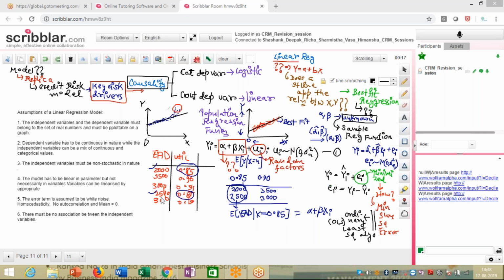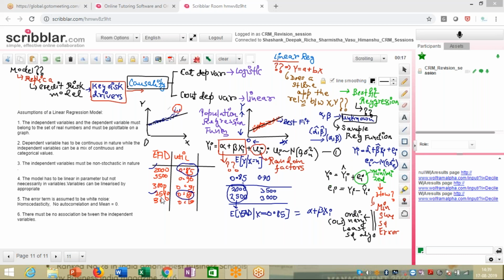Over here, I'm saying that the EAD is explained by the utilization. Let's say there is a credit card. The higher the utilization that a borrower has on a credit card, the higher the exposure the borrower is expected to have. Now if I try to predict the exposure at default, the utilization is 0.85, with EAD maybe 2000, 2500.